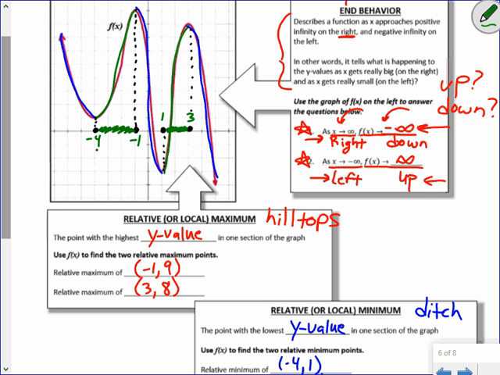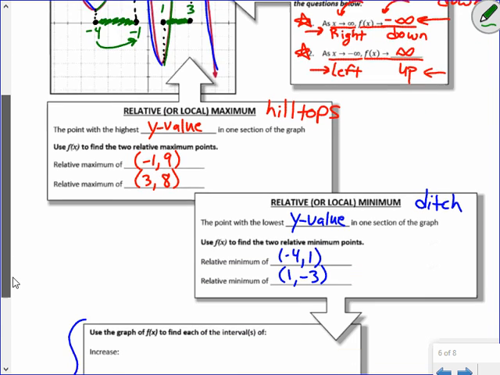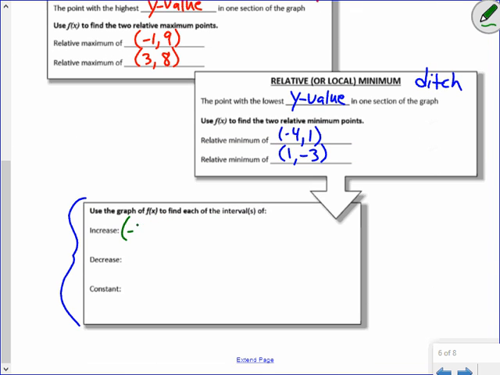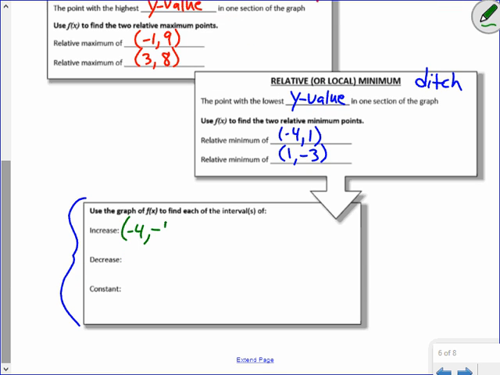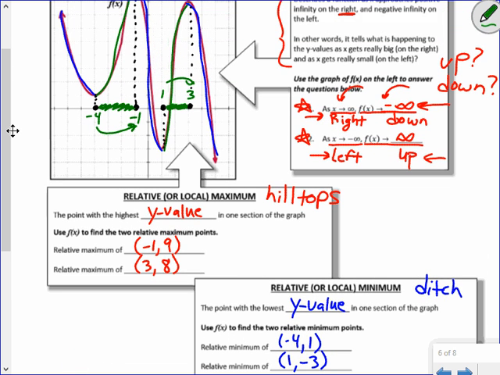I go from negative 4 to negative 1, and I go from 1 to 3. Those are my intervals of increase: negative 4 to negative 1, and 1 to 3. Remember, because there's a gap, an empty space where I jump over, you have to use the union symbol to represent that.